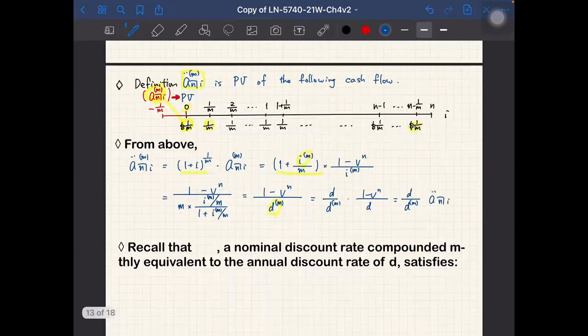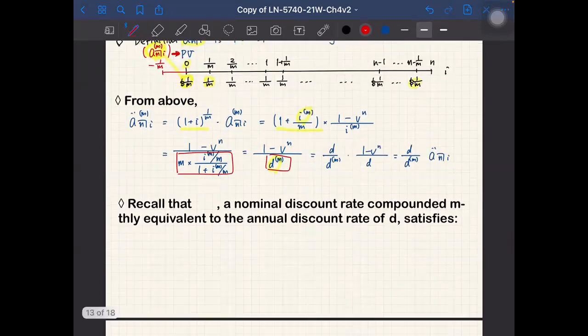And now we use one thing: this quantity is equal to this quantity. We would like to verify it. So now we want to review d superscript m. This is the discount rate for 1 over m year, but expressed as an annual rate.